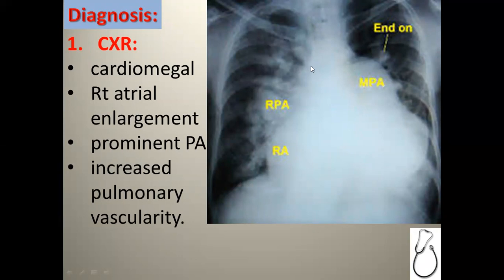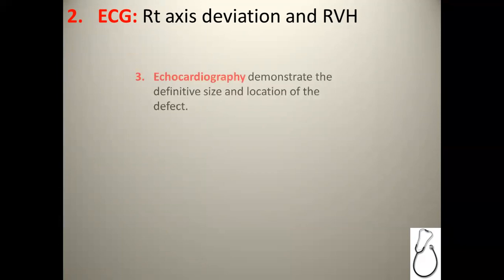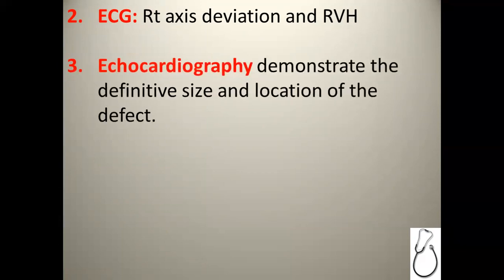So these are the changes: cardiomegaly, right atrial enlargement, prominent main pulmonary artery and right pulmonary artery, and increased pulmonary vascularity. ECG shows right axis deviation and right ventricular hypertrophy. Echocardiography demonstrates the definitive size and location of the defect.